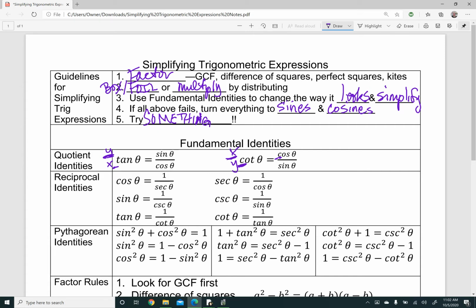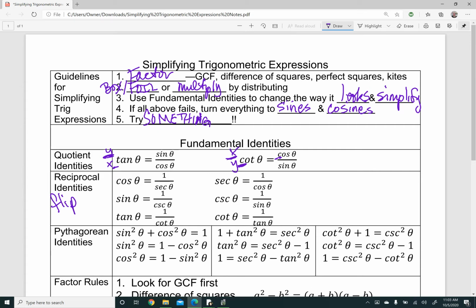The reciprocal identities are basically just flip identities. So tangent flips cotangent over, and cotangent flips tangent over. And these are the ones that people usually mess up. Cosine flips secant over, and sine flips cosecant over.